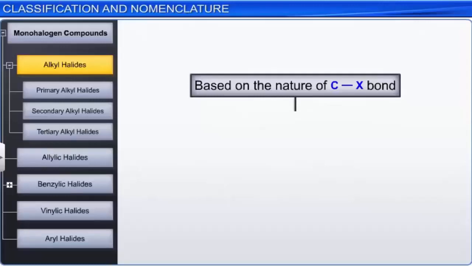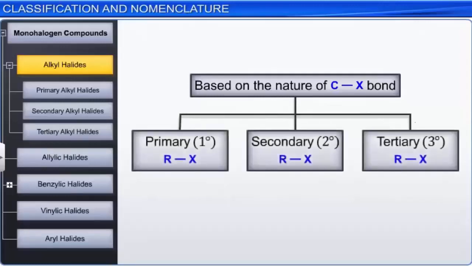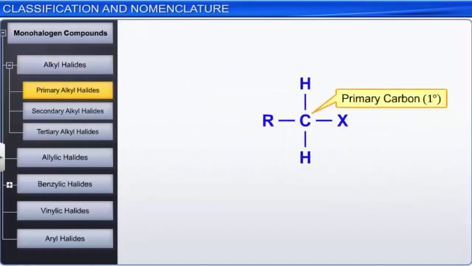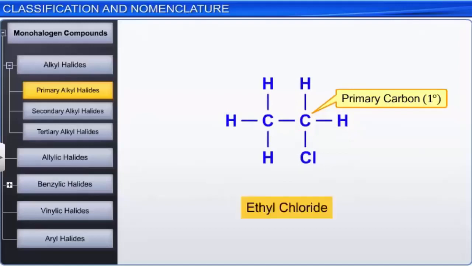In primary alkyl halides, the halogen atom is attached to a primary carbon atom. For example, ethyl chloride is a primary alkyl halide. In secondary alkyl halides, the halogen atom is attached to a secondary carbon atom.